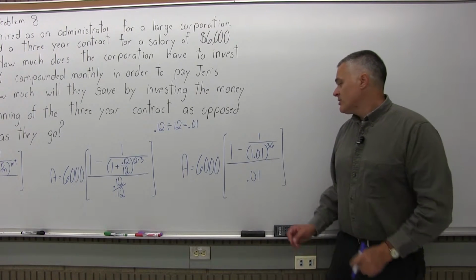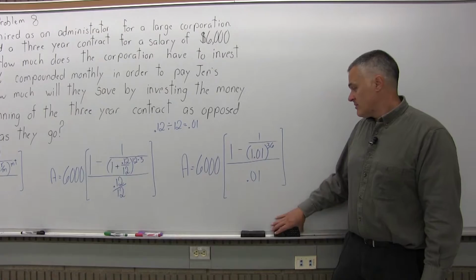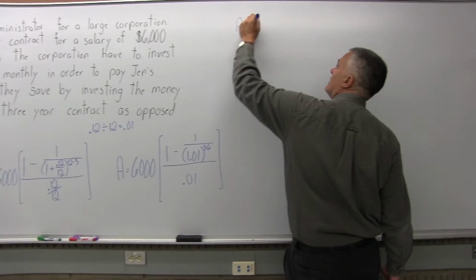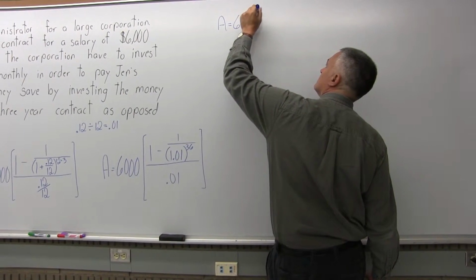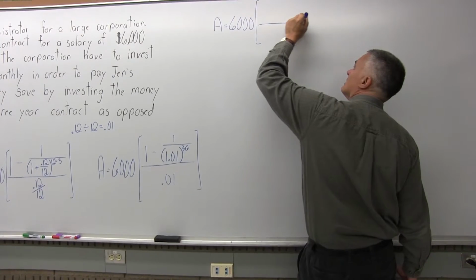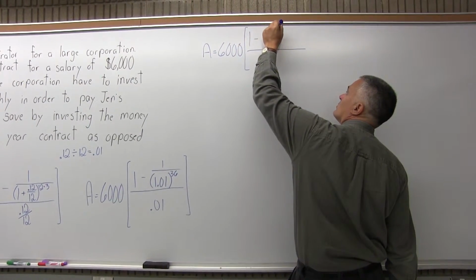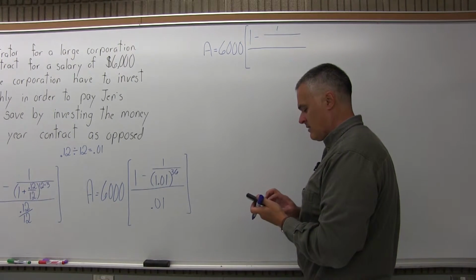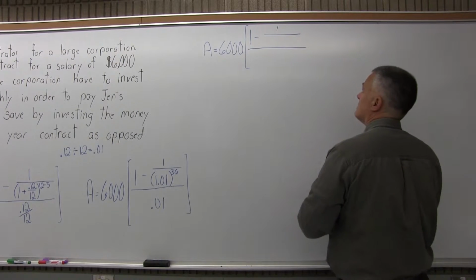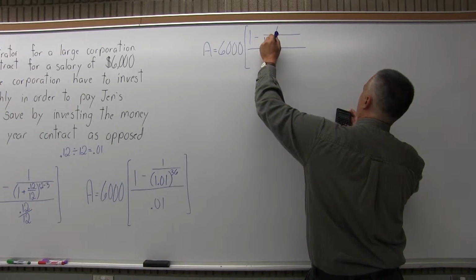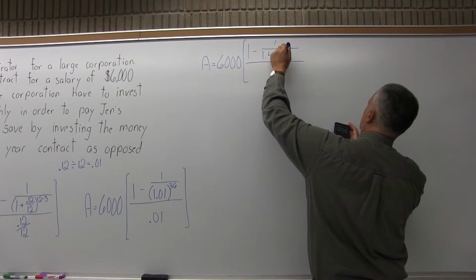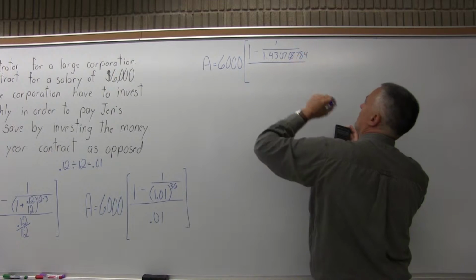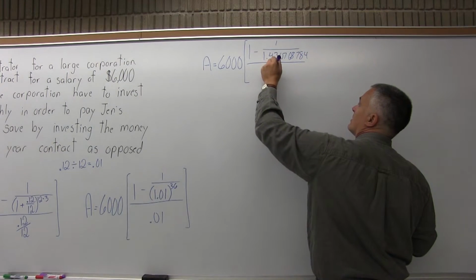So to continue, I'm going to do the 1.01 to the 36th power. And that's the next thing I have to do. So A, the amount, equals 6,000 times, in brackets, 1 minus 1 over the result of 1.01 to the 36th power, which is 1.430768784, and in the denominator of the brackets, 0.01.